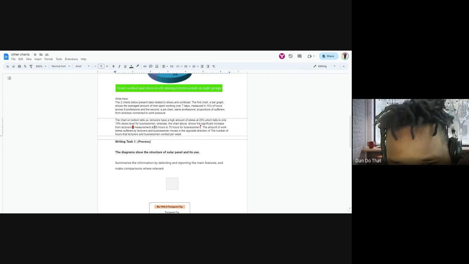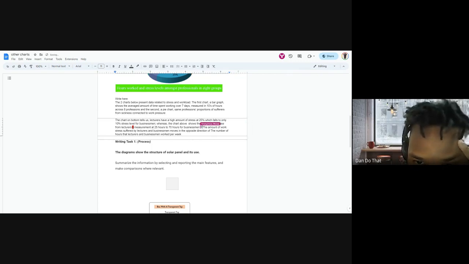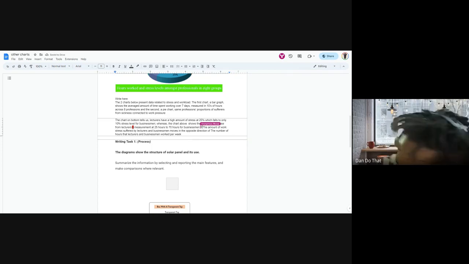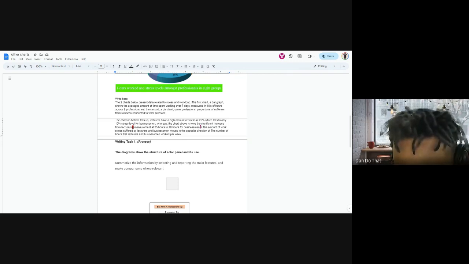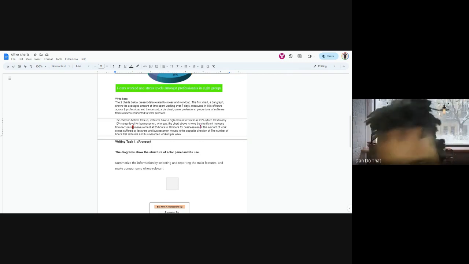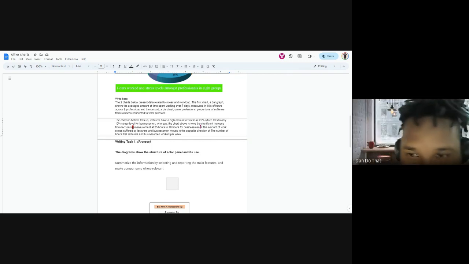Okay. I like that. Now you need to connect these two parts here. We need a connection. So you could say clearly this shows, or the relationship is, or when we compare the two, we see.